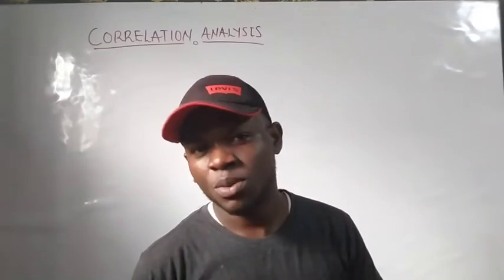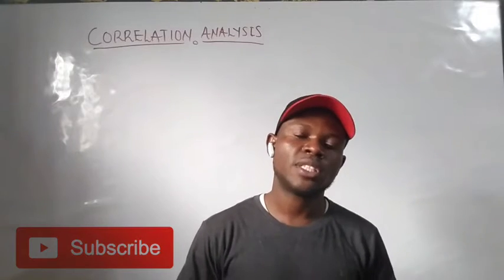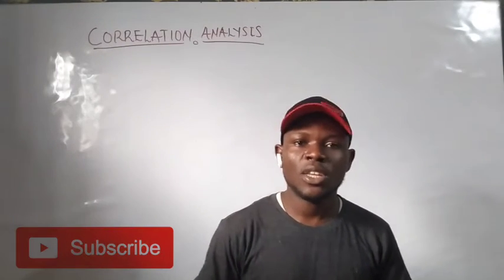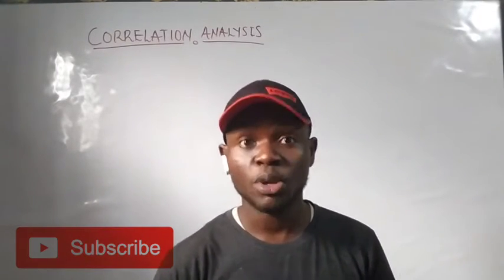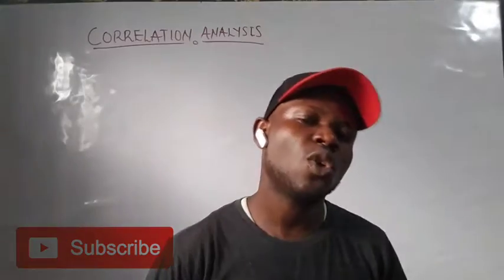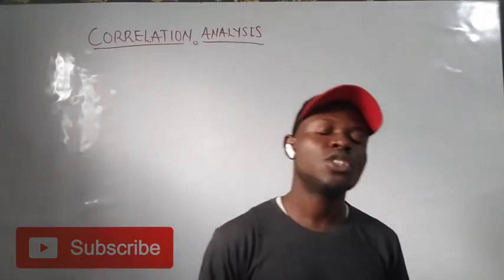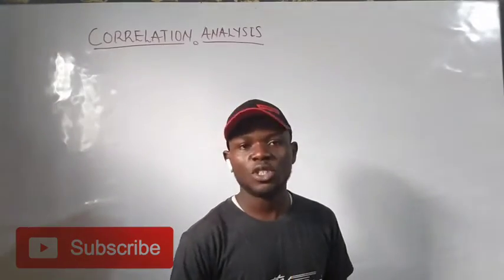And like I said, it's practical. For instance, we believe that increase in height affects your weight. So the taller you get, the weightier you become. Then the next one is that the increase in income also affects expenditure. As your income increases, your expenditure increases correspondingly.